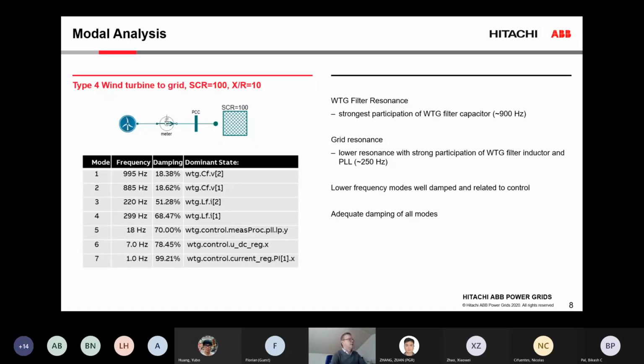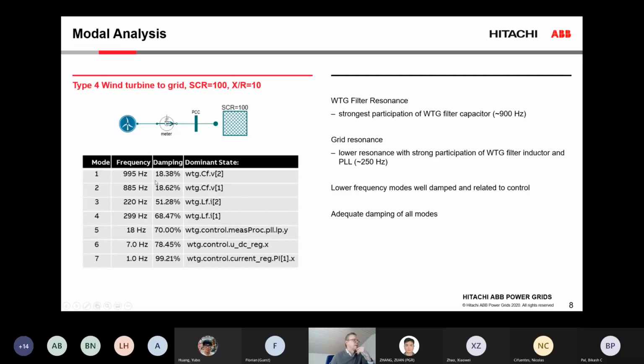And so the first step in the analysis, we can gain some insights from analyzing one of these wind turbines when connected to a strong grid. From the modal analysis, we can see we have 2 resonance modes here, or even 4 in DQ, but 2 main resonances.